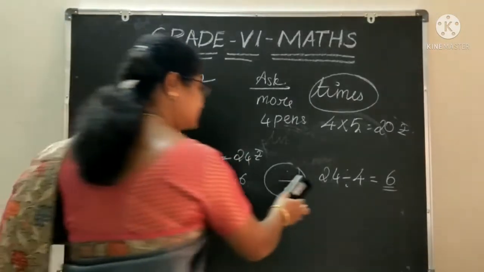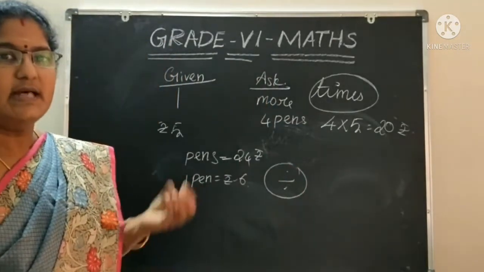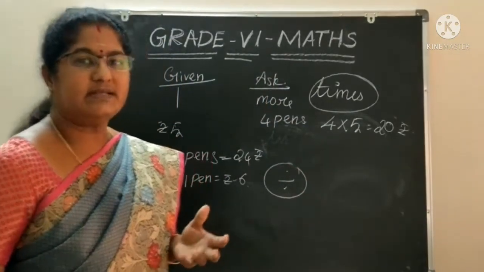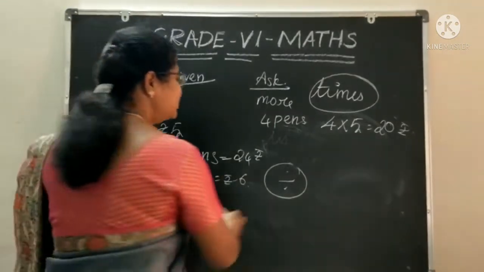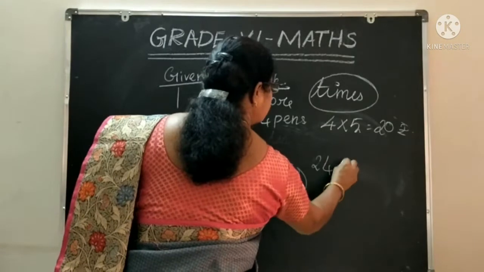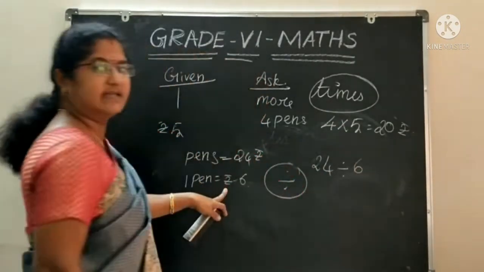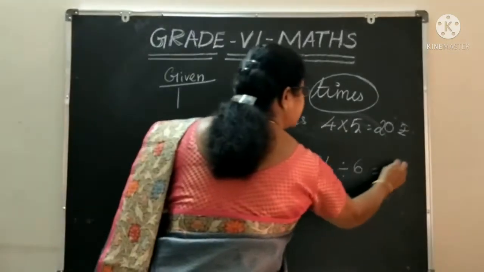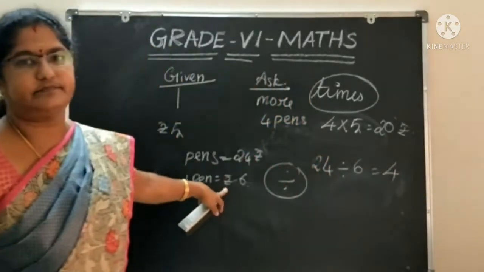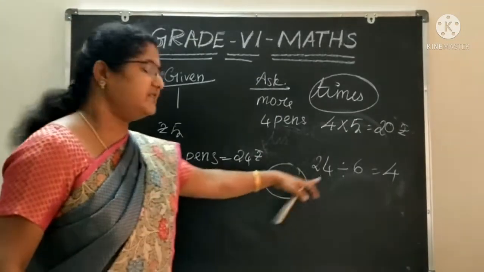For that, it is the same thing. When you need to find the number, you also have to use the division symbol. That means I have 24 rupees, each pen costs 6, and when you divide, you will get the number of pens. Understand? So where do we use division?